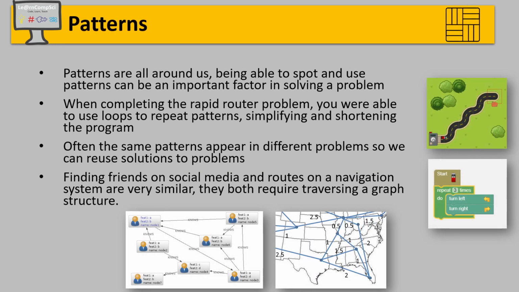The next skill we can use is by looking at patterns to see if we have patterns in problems. Patterns, they're all around us. Again, if we're able to spot these patterns, it's a good skill to help us solve our problems.